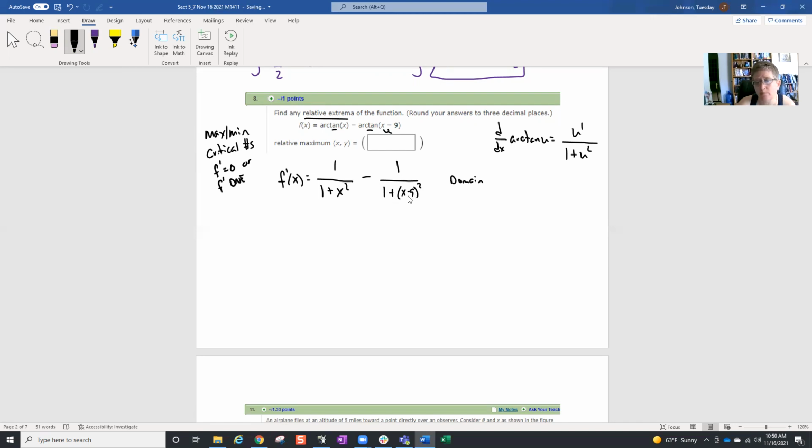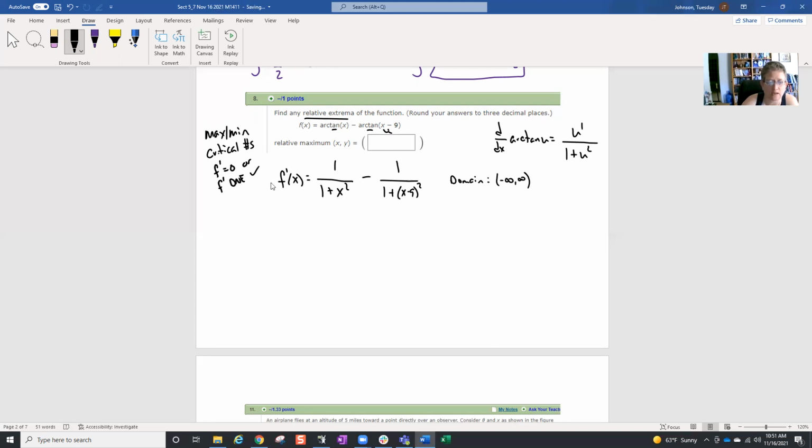Similarly over here, no matter what I put in for x, when I subtract 9 and square it, it's going to be 0 or positive. If this is 0, when I add 1 to it, this denominator is always going to be positive as well. So the domain happens to be all real numbers because my denominators are always positive. Interesting. This is monotonic on certain intervals. So we don't have to worry about does not exist.